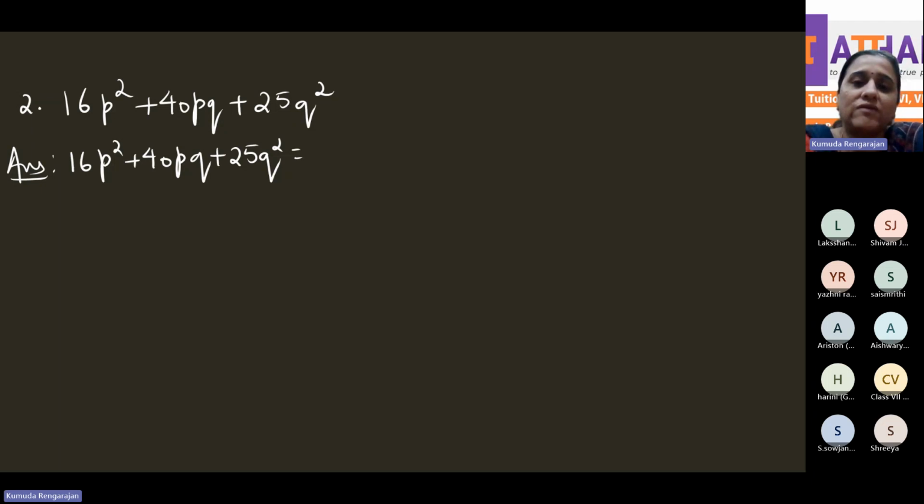In the identity, we have the first and the last terms as perfect squares, a square and b square. In the same way, here we have 16p square, which is a perfect square, and 25q square, which is also a perfect square. Because 16 is 4 into 4 and p square is p into p. 25 is 5 into 5. q square is q into q. Hence, the first and the last terms are perfect squares.